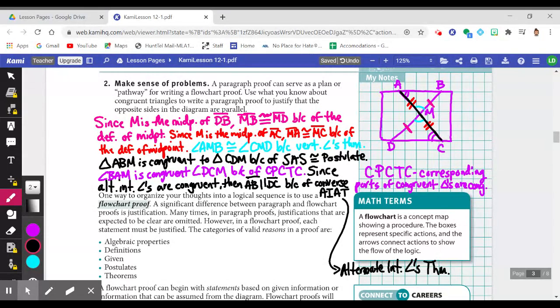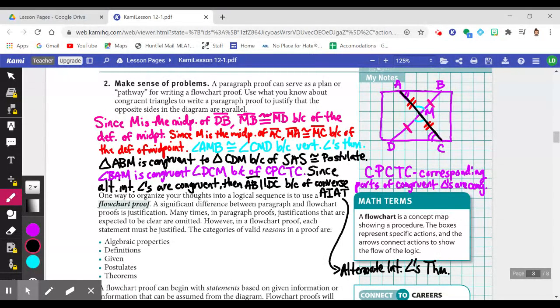So we have just taken a very roundabout way to say AB is parallel to DC because these two triangles are congruent, and because these two triangles are congruent, then these corresponding angles are congruent. And if these corresponding angles are congruent because they're alternate interior, then the two sides that they're on have to be parallel because of the converse of the alternate interior angles theorem.